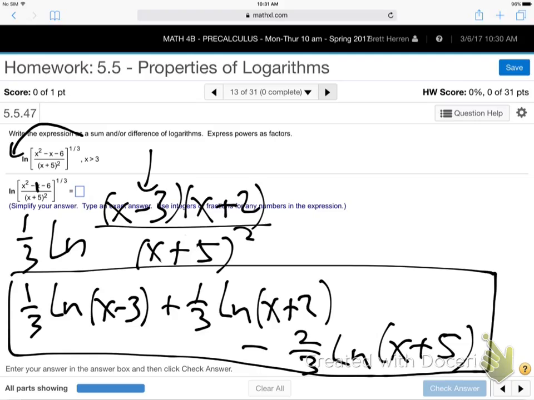Basically, let me put it to you as simply as I can. Anything in the numerator of a fraction, anything in the top, is going to end up as added logs, because things in the top are multiplied. Remember, multiplying goes with added. So anything in the top becomes added when you break them into several logs. And anything in the denominator will end up subtracted. Even if there are several things, and they're about to do that to us.